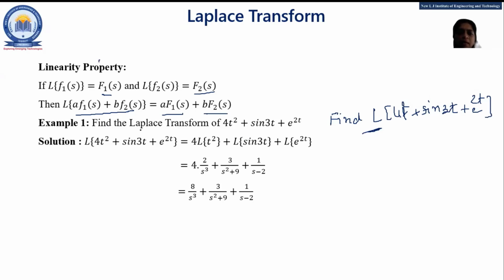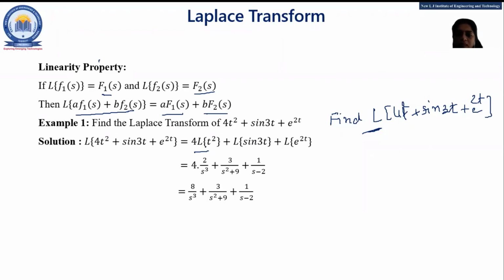As we are applying the linearity property here, so 4 into Laplace of t square plus Laplace of sine 3t plus Laplace of e raised to 2t. As the plus symbol is between these three terms, so we apply Laplace separately on all these three terms.